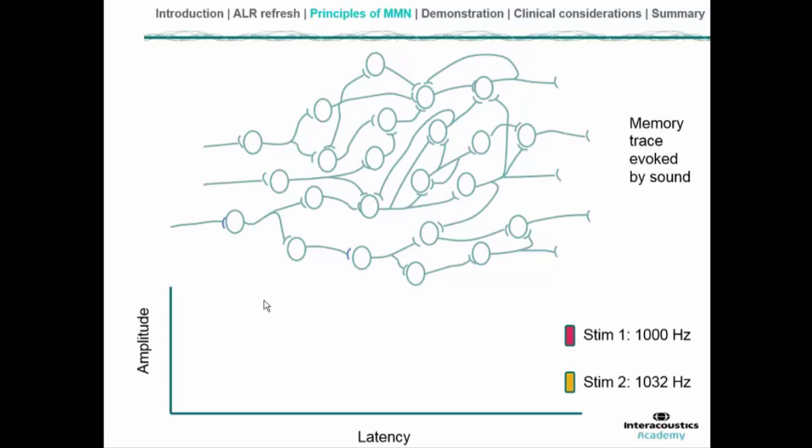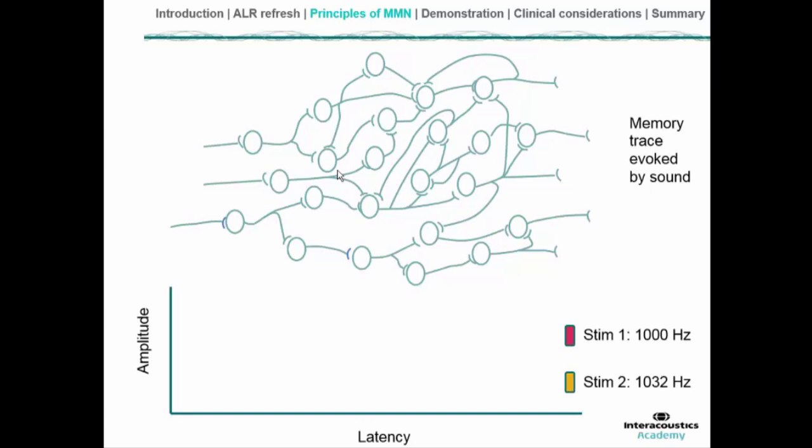Now, what I'm displaying on this slide here is a schematic of a neural network, displayed with these cell bodies here and the various connections between them. And these will represent the neural generators of a memory trace evoked by a sound.